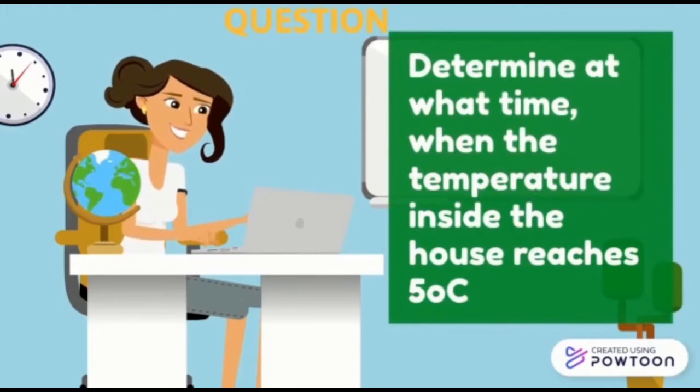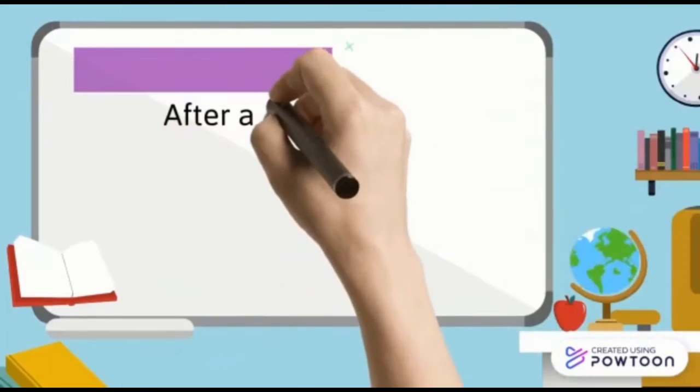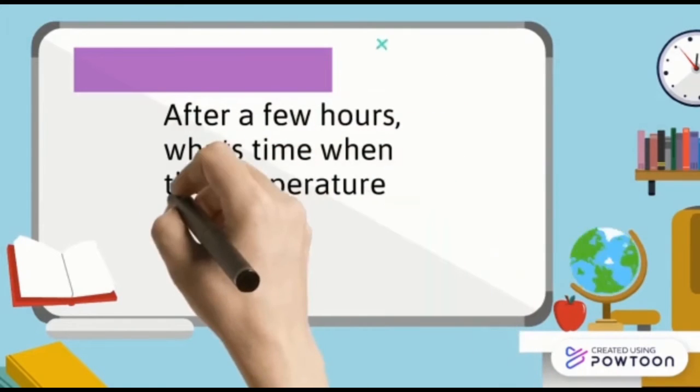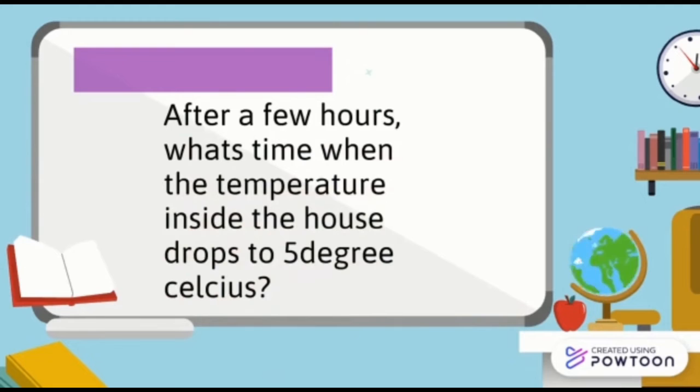Question: Determine at what time the temperature inside the house reaches 5 degrees Celsius. After a few hours, at what time does the temperature inside the house drop to 5 degrees Celsius?